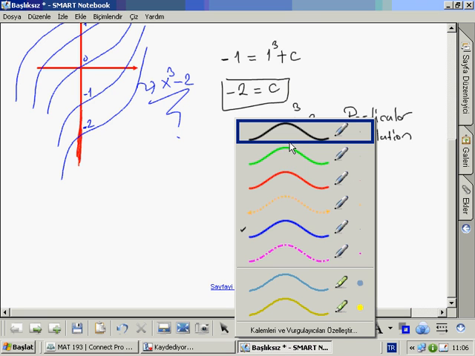Now we have to continue with the velocity and the acceleration.